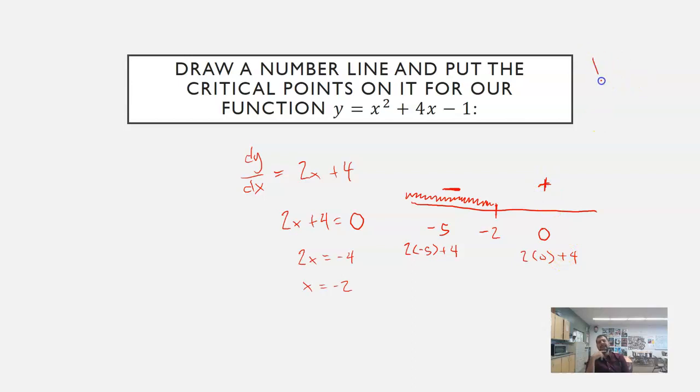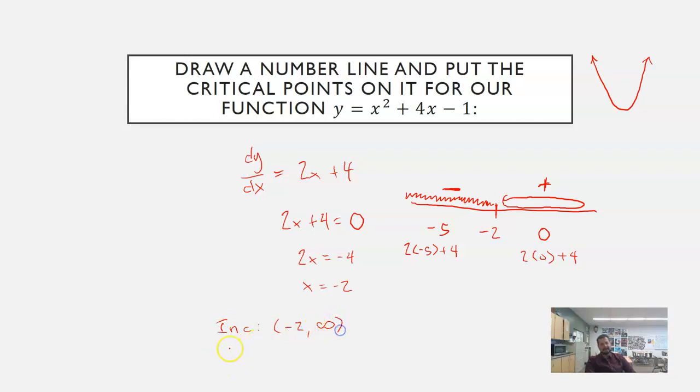Now again, this matches up with what we were talking about before because we knew this was shaped like a parabola. So if that number is positive, then all of the numbers bigger than negative 2 will give me a positive slope for my tangent line, which means they will always be increasing no matter what once we get past negative 2. So if I were to ask you where this function is increasing, you would say all the way from negative 2 to infinity.